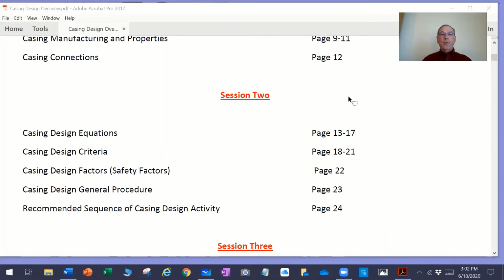I will go over the general procedure for doing casing design work, and then I will end with the sequence or order that we probably should do our casing design activity in that will make it easy on us and not have to do our work twice. So in other words, you do the work in an order that makes more logical sense, and it makes it easier to get this work done.